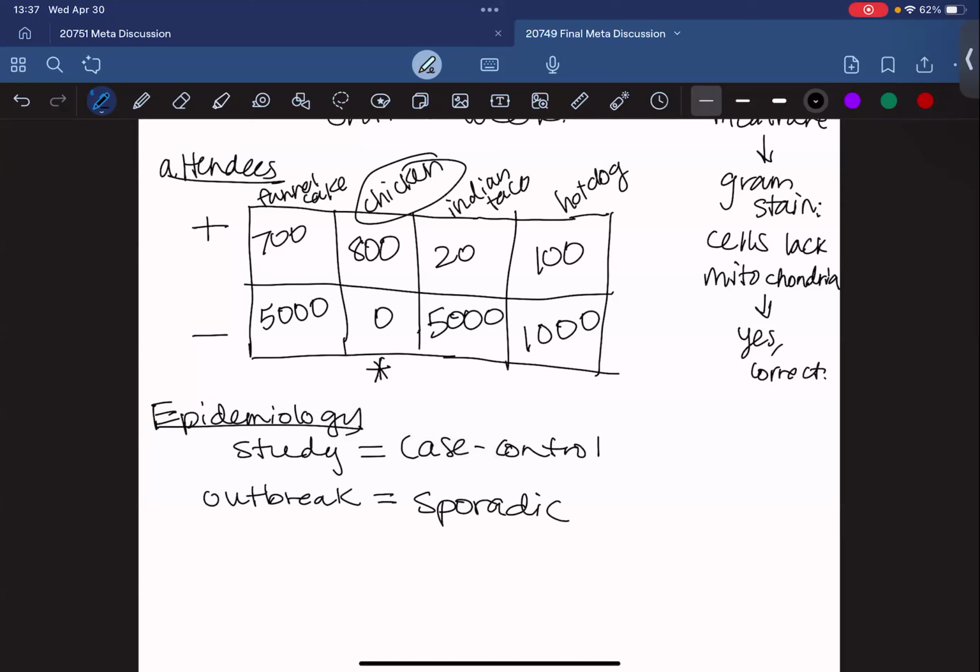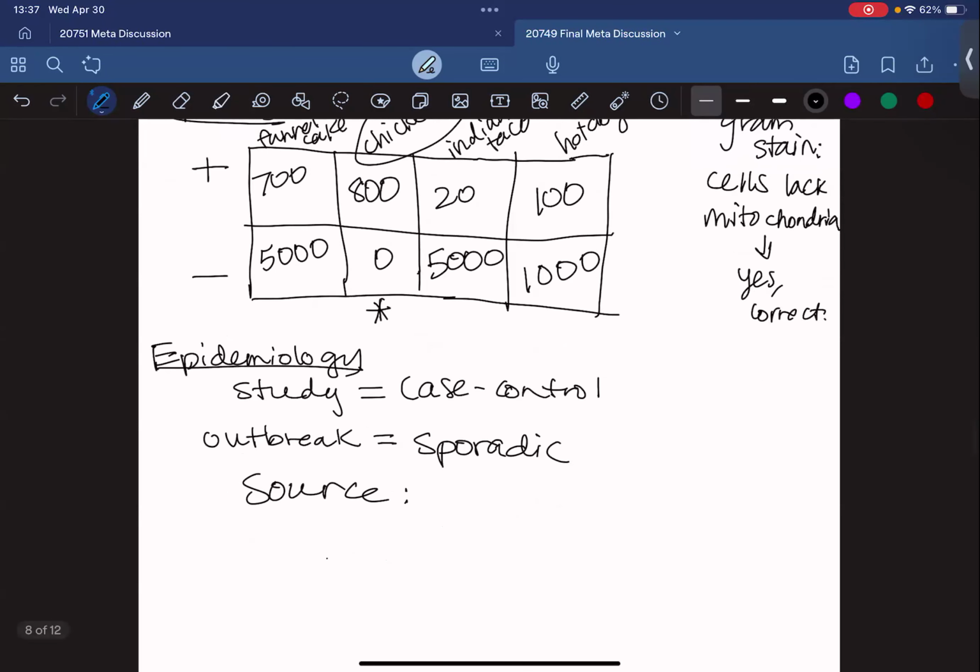And it is also going to be a particular type of spread source. Basically, we could have sources that were a point source or a common source or a propagated epidemic.